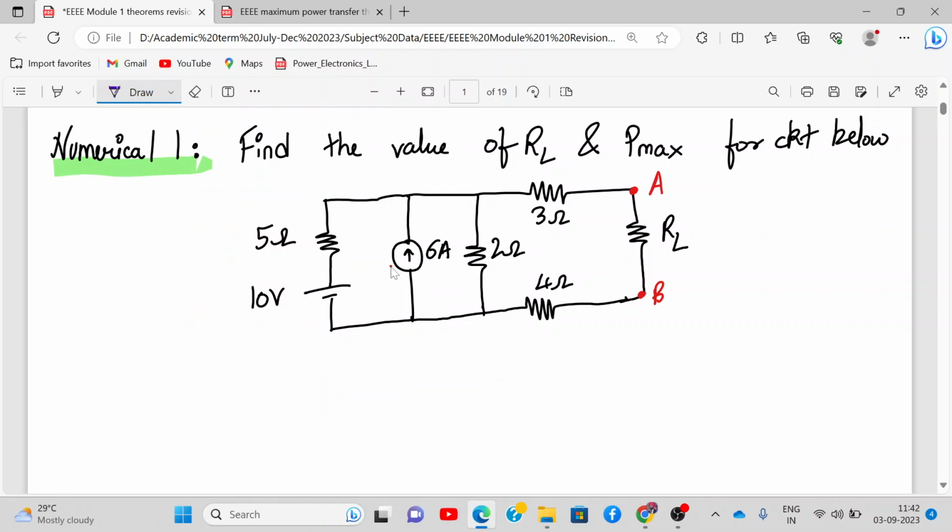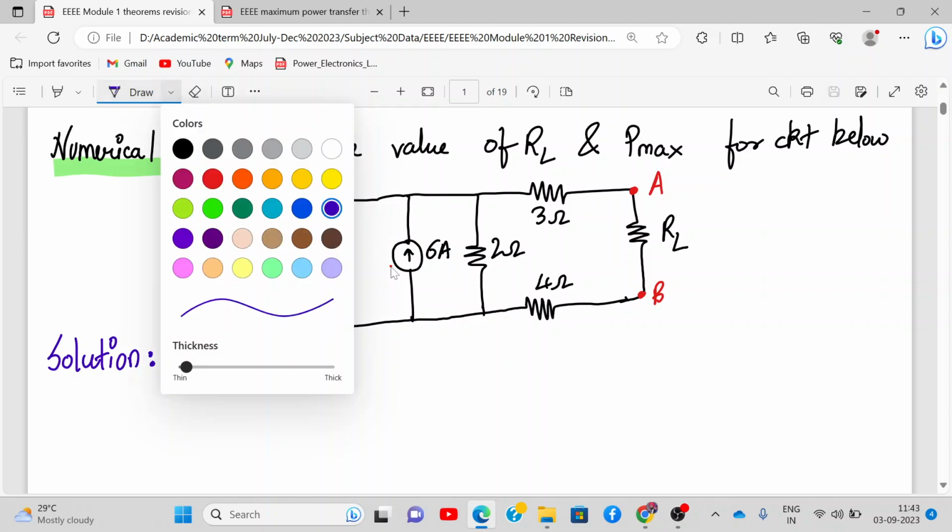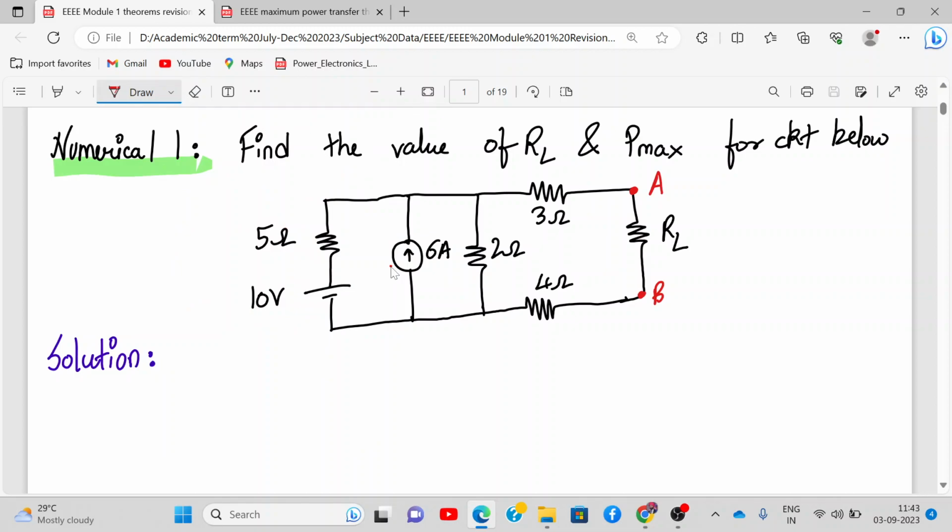So I'll write the solution in blue color. Can I start? Yes, sir. Okay. So the clue is first we find RTH.